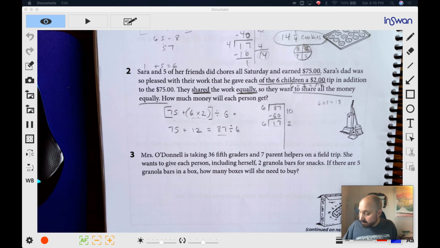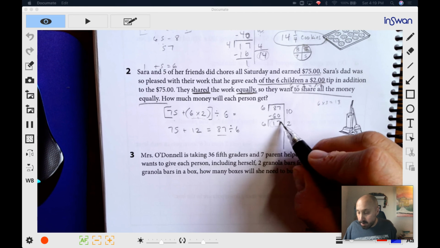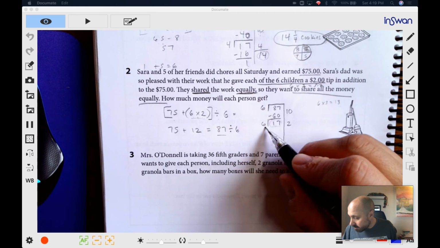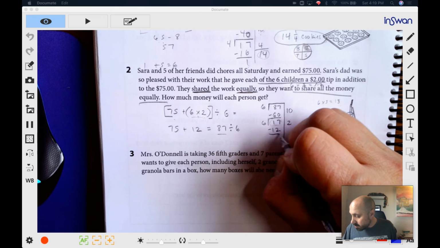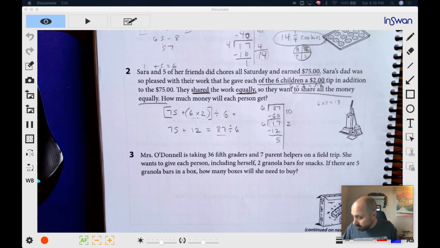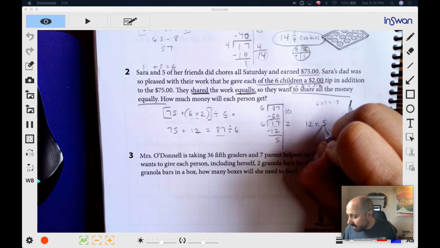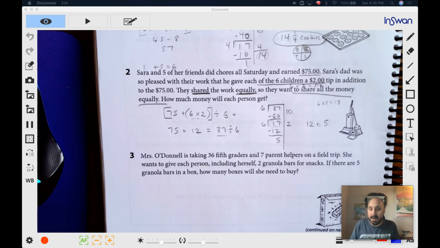So total right now they have $12. So out of the $17 that's left over, 2 times 6 is 12. So now they have $5 left. So each kid will earn $12 and there's a remaining $5 left, R5.